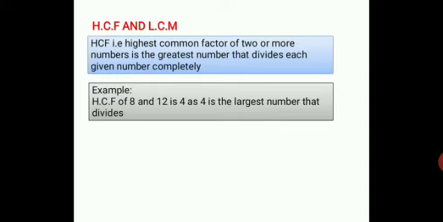Now see, which all numbers divide 12 completely? 2, 3, 4, 6. In these two, which is the greatest number which divides both 8 and 12? That is 4. So 4 is the greatest number that divides 8 and 12 completely. So 4 is the HCF of 8 and 12.